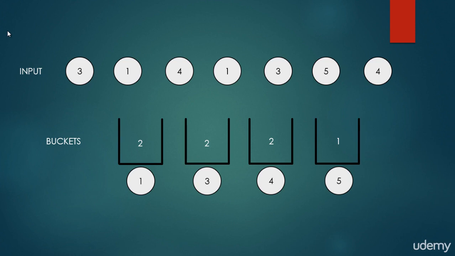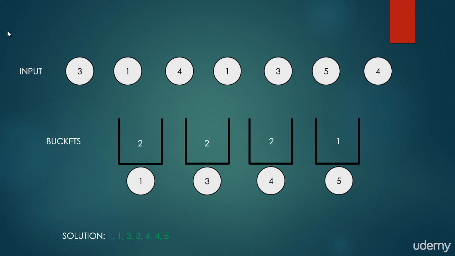So after iterating through the array, which takes linear time, that's why this algorithm has approximately linear time complexity. Here, we just have to get the solution because we just have to iterate through the buckets and print out as many items as the count in the given bucket, using the number representing the bucket.